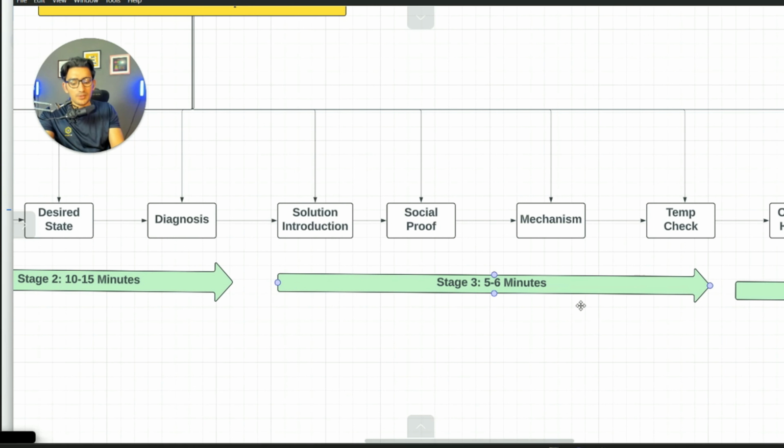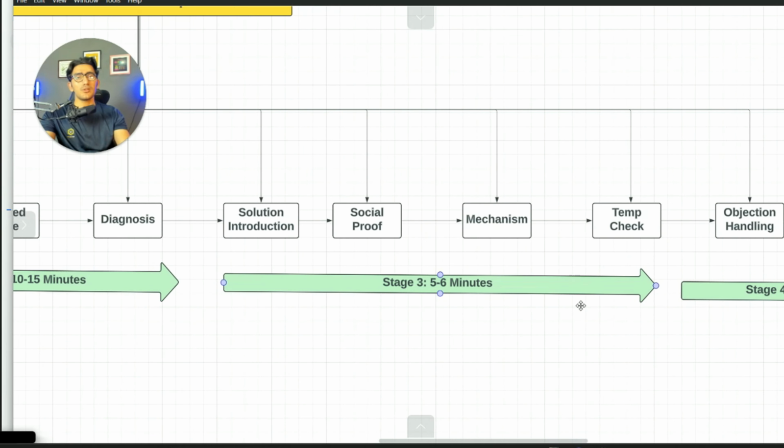And once, for example, you have clarified the current and desired state, then you introduce the solution. And for the introduction, you also have to ask the person if they allow you to share your screen or to share your solutions. Then you have the social proof, right? So once you are taking the offer, it shouldn't take more than 2 minutes, and you shouldn't be explaining it in a lengthy process.